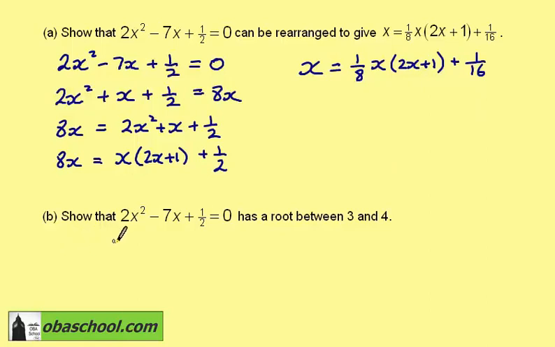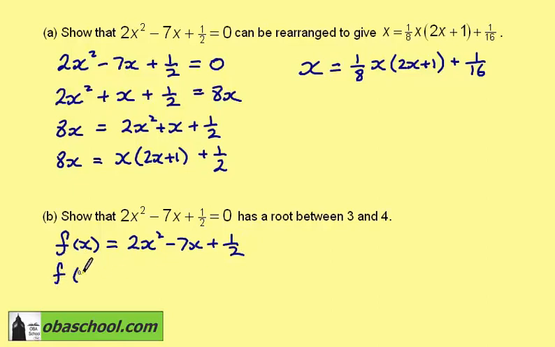We now want to show that 2x squared minus 7x plus a half equals 0 has a root between 3 and 4. So we have f of x is 2x squared minus 7x plus a half.